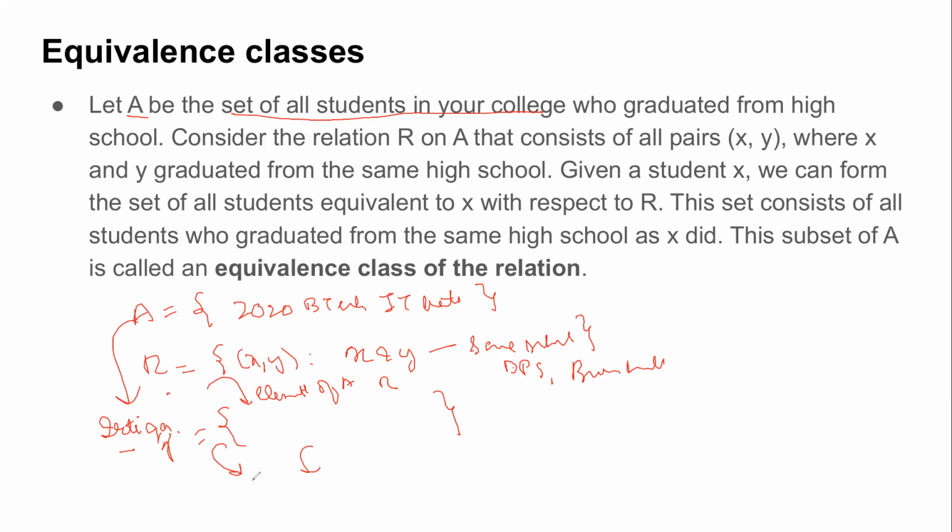So what would this include in this case? It would include the set of all the students who have graduated from the same school as X did. So this kind of subset of A is known as an equivalence class of a relation.